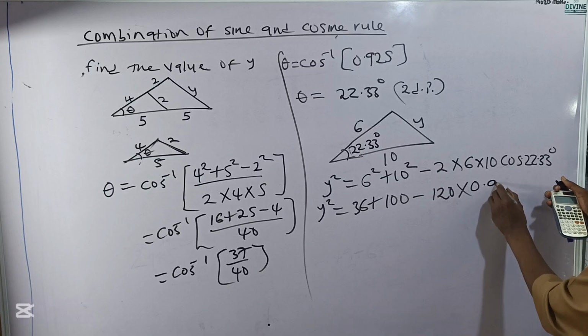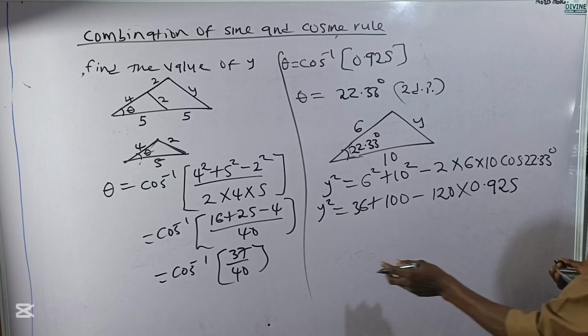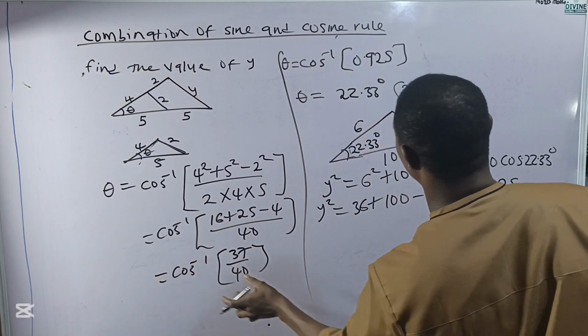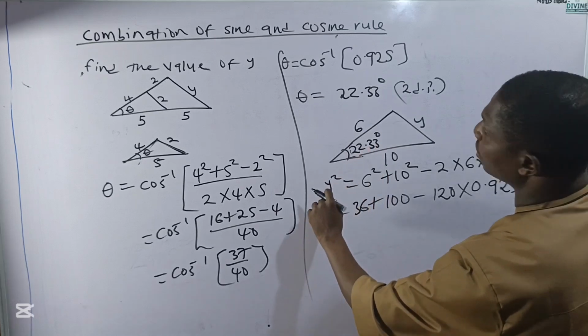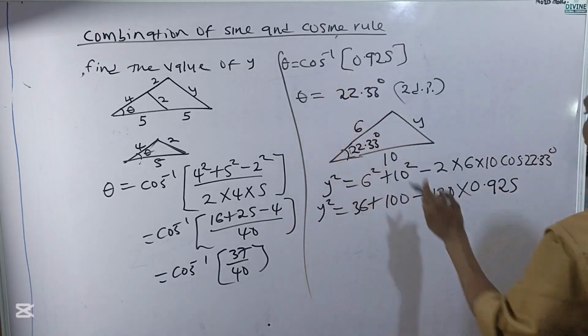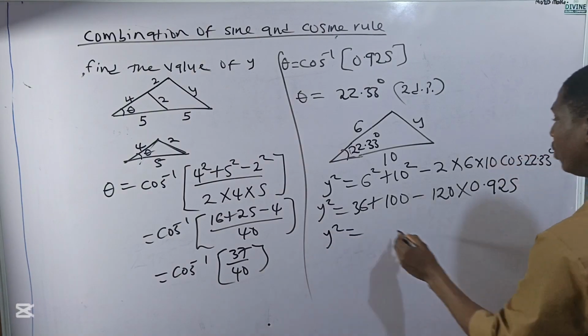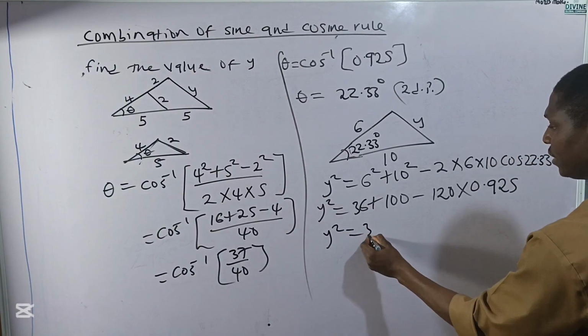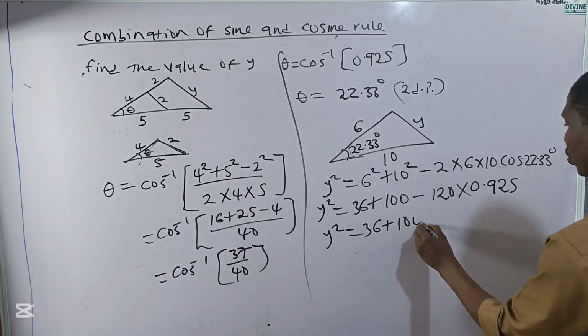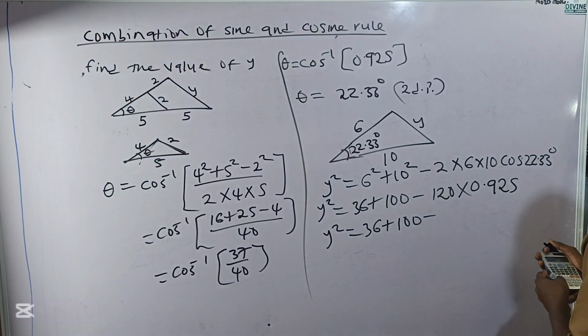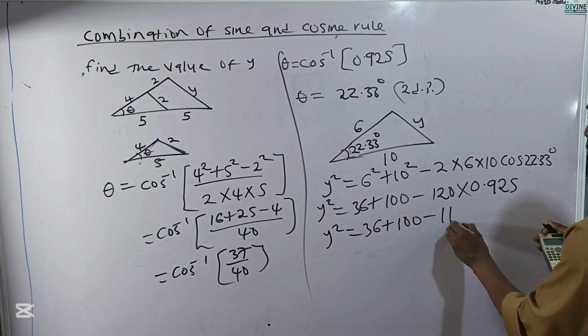I have 0.925, just like I got earlier, which is the value before taking the cos inverse. So y squared equals 36 plus 100 minus this value times 120, giving me 111.